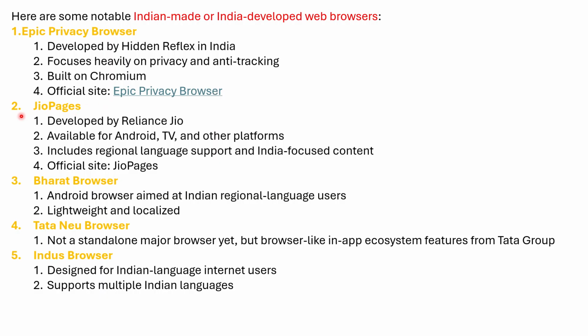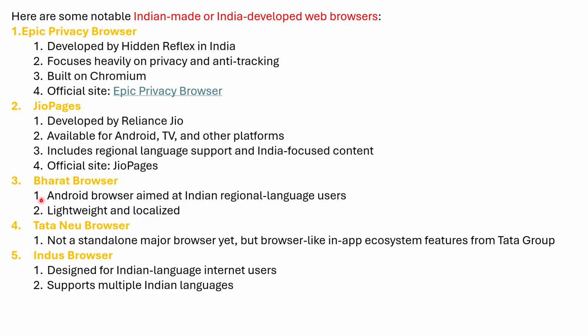The second is JioPages, developed by Reliance Jio, available for Android, TV, and other platforms. It includes regional language support and India-focused content. The official site is JioPages. Then Bharat Browser, the third one.